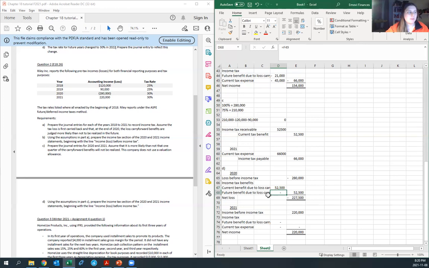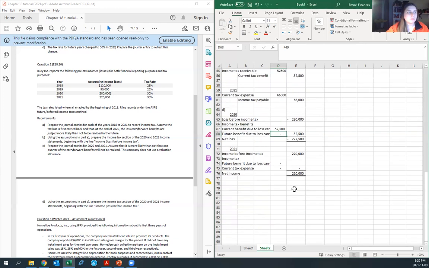You don't have any future benefit, so your net loss is going to be $227,500. For 2021, you have no benefit due to loss carry forward, and your current tax expense is minus $66,000, so that gives you a net income of $154,000.